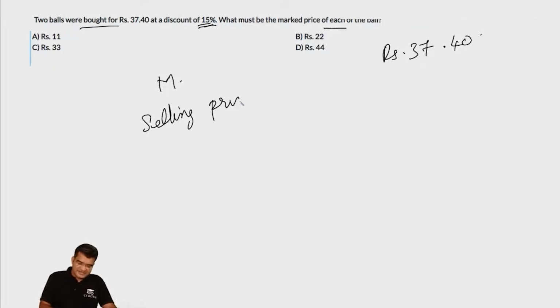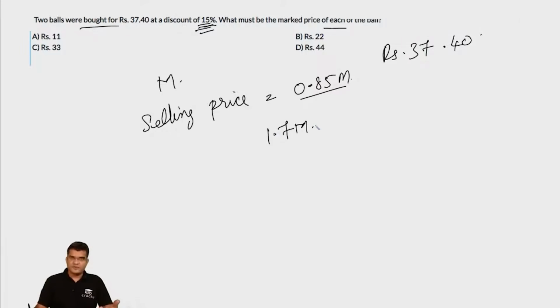The selling price will be equal to 0.85 into M, because there is a discount of 15%. So what is the selling price of 2 balls? It will be 0.85 into M into 2, which is equal to 1.7M. So 1.7M is equal to 37.4, or the value of 17M is equal to 374.